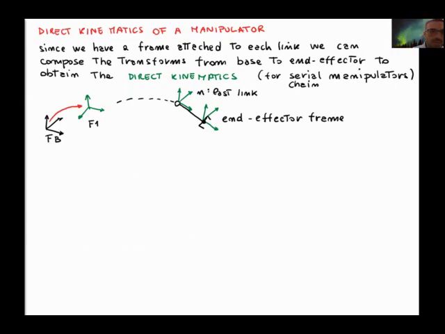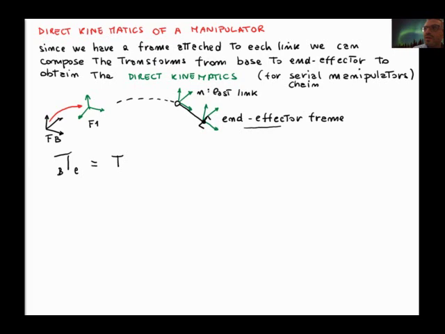And if we write it down, we have the end effector frame and we want to compute the transformation between the base and the end effector.